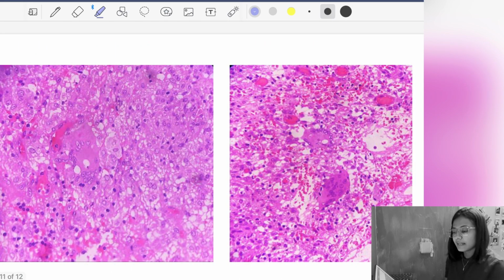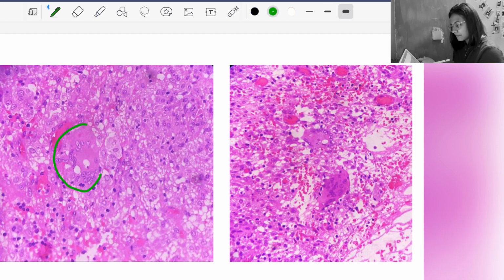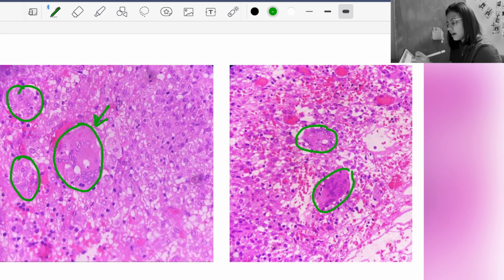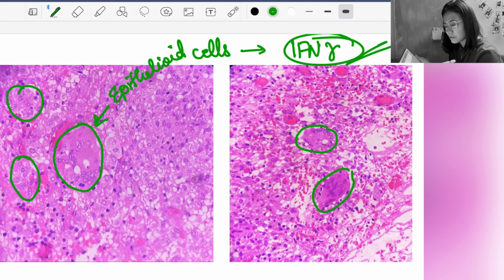So again, like I explained before, you can see here there are multiple giant cells, and let's revise the topic again. These multiple giant cells are formed by fusion of epithelioid cells, and these epithelioid cells are activated by interferon gamma. So this was the question.